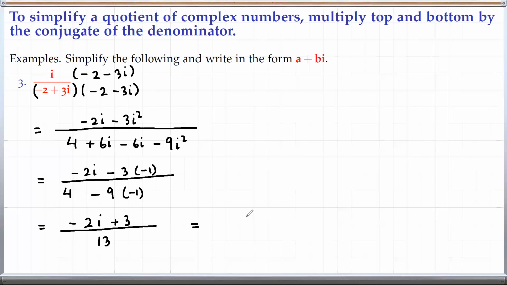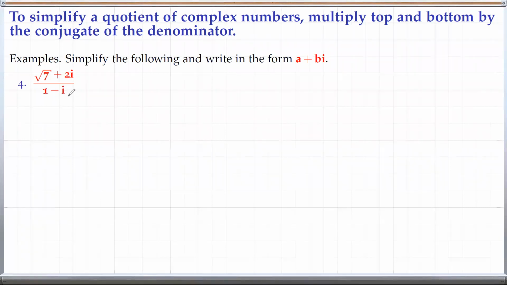So this we can write as negative 2 by 13i plus 3 by 13. Now the problem wants us to write in a plus bi form, so we can write the real part first. 3 by 13 minus 2 by 13i. So that is the quotient of these two complex numbers, i and negative 2 plus 3i.